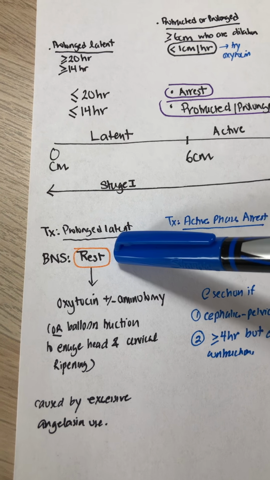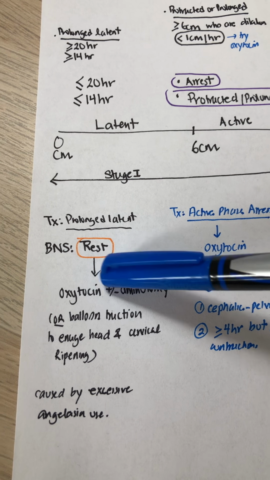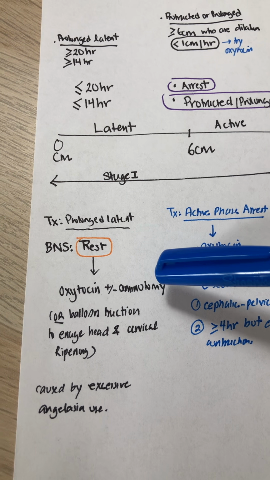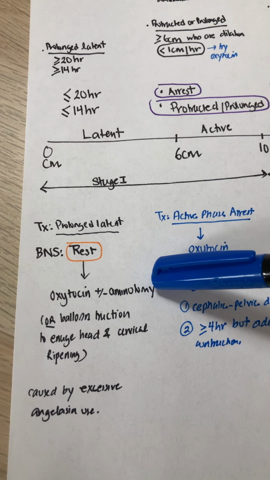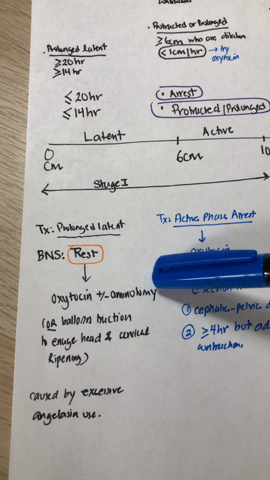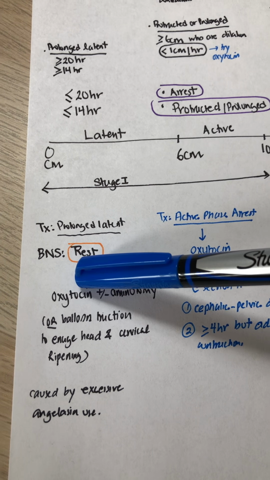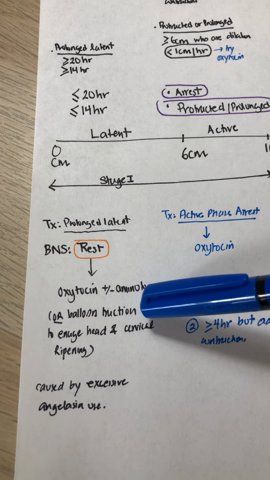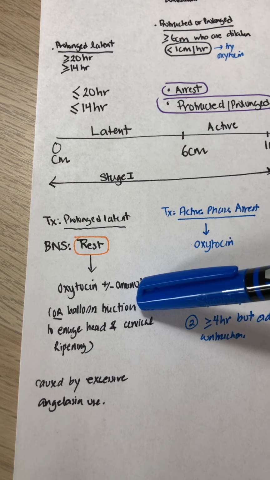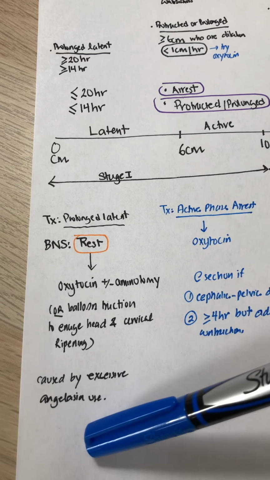But if the rest is not enough, you can give oxytocin, or if the water is not broken yet, you can do an amniotomy. You never do amniotomy without oxytocin. Or you can do a balloon traction to engage the head and for cervical ripening. So that's the latent stage.